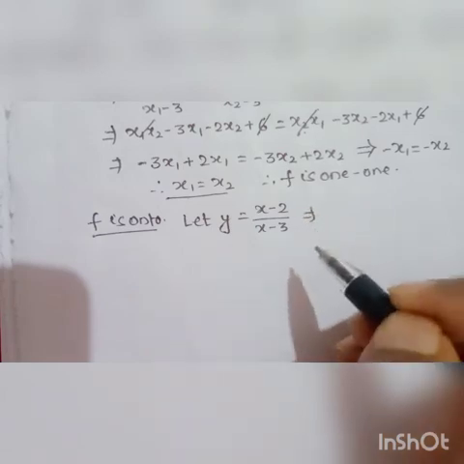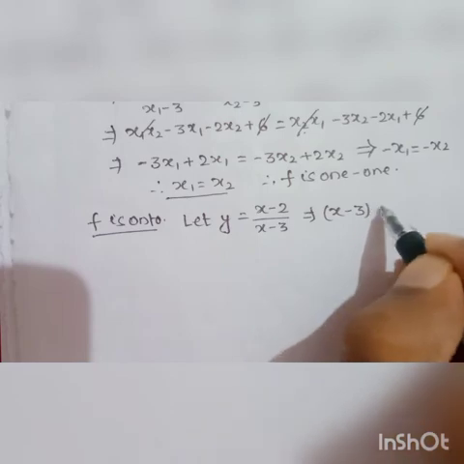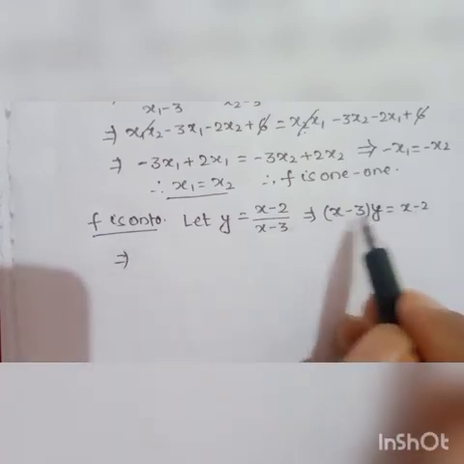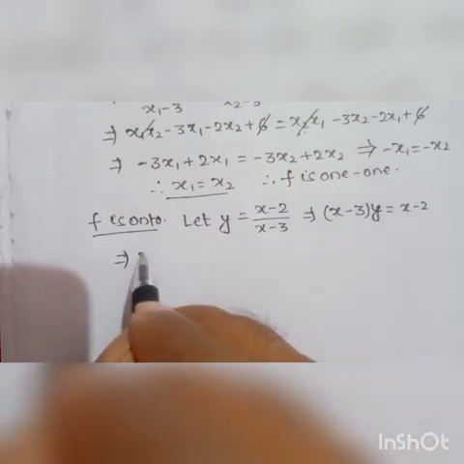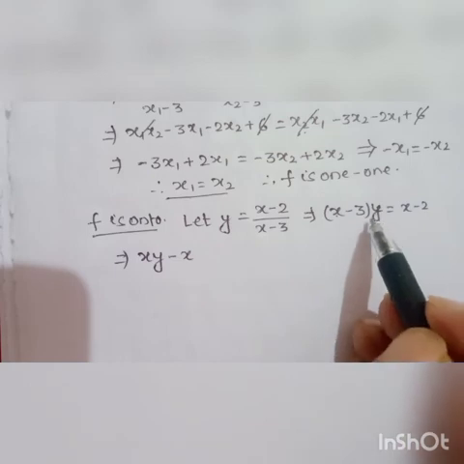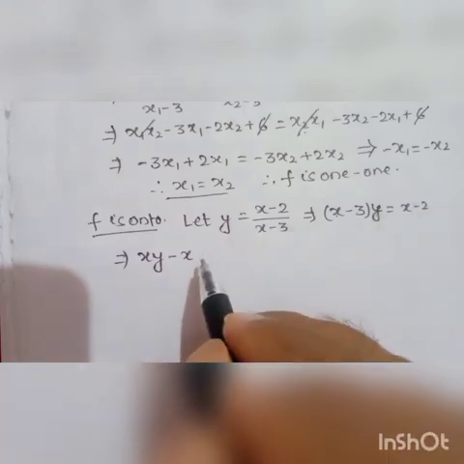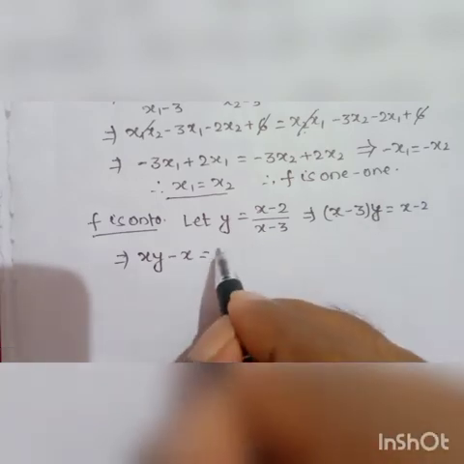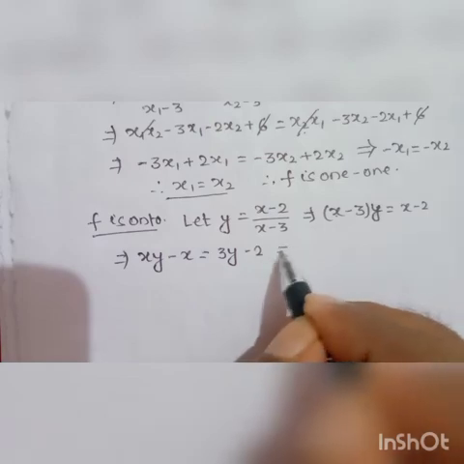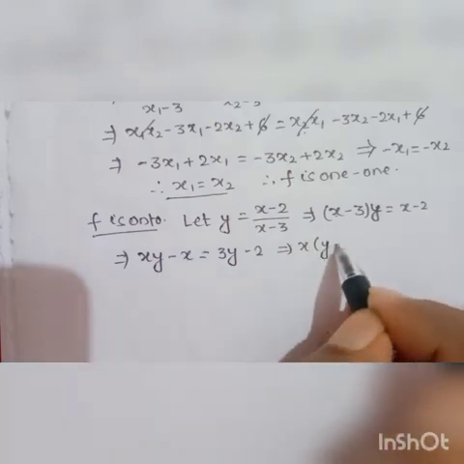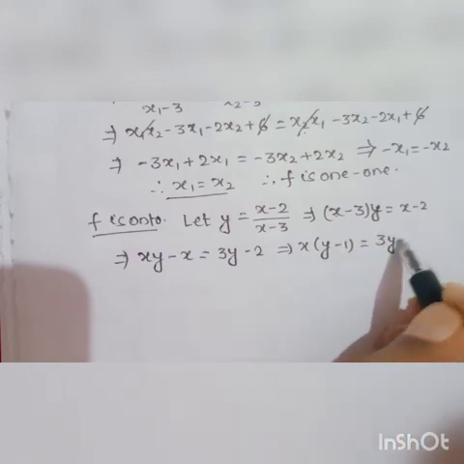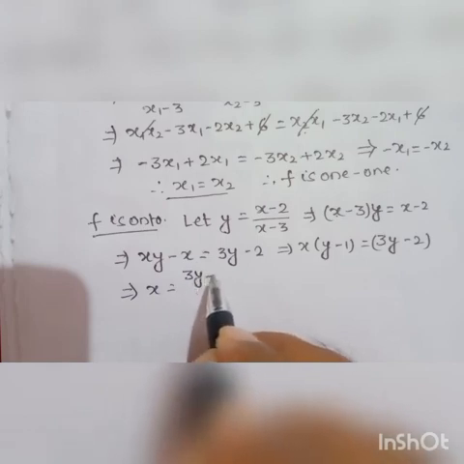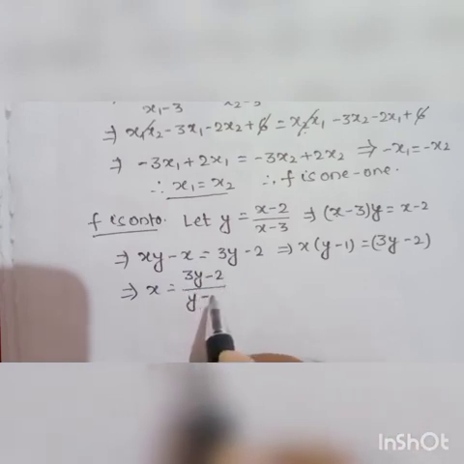Simplify: y(x minus 3) equals x minus 2, or xy minus 3y equals x minus 2. Taking x common, x(y minus 1) is equal to 3y minus 2, and hence x is equal to (3y minus 2) upon (y minus 1).